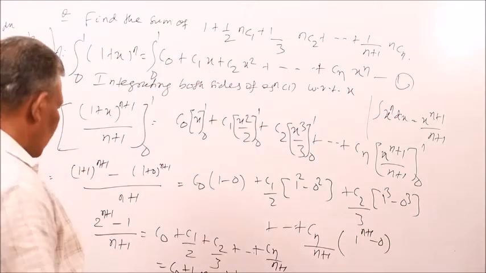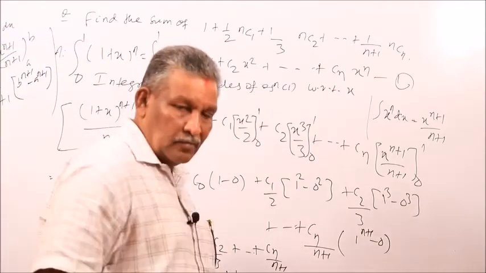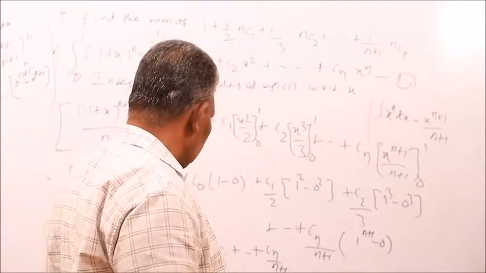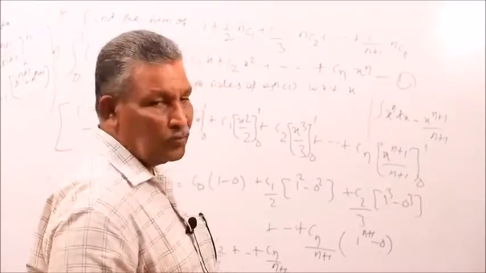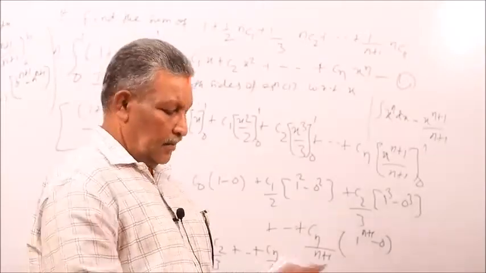So the value of C0 plus half nC1 plus 1 by 3 nC2 plus dot dot plus 1 by n plus 1 nCn equals (2 to the n plus 1 minus 1) whole divided by n plus 1.